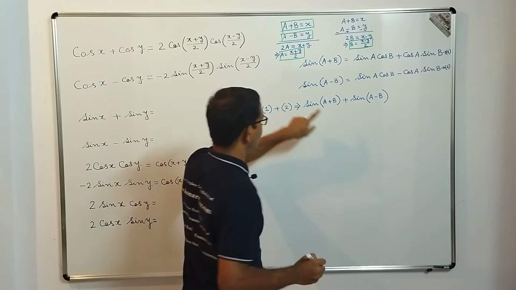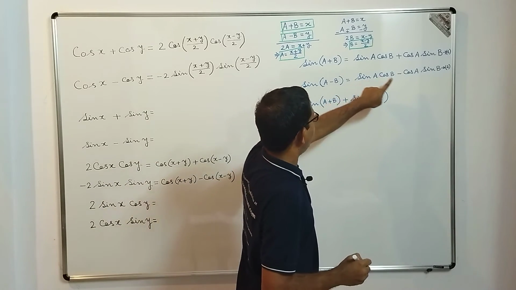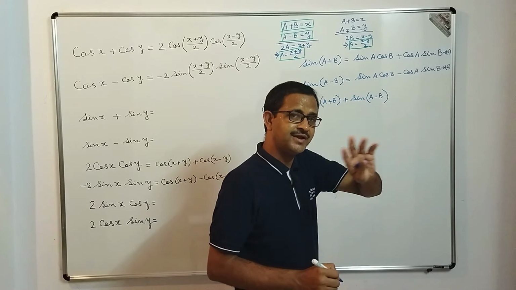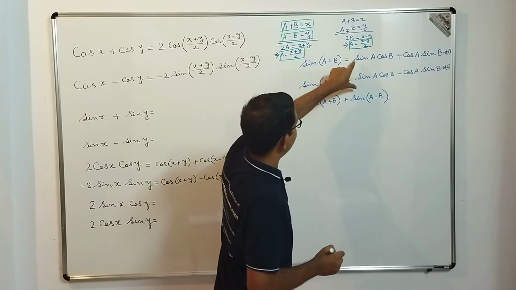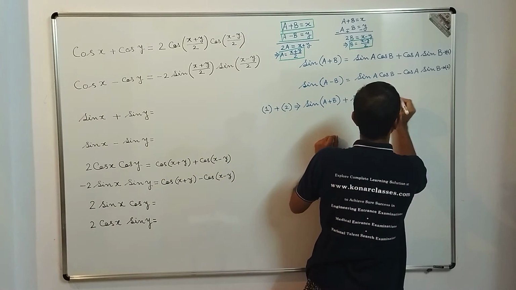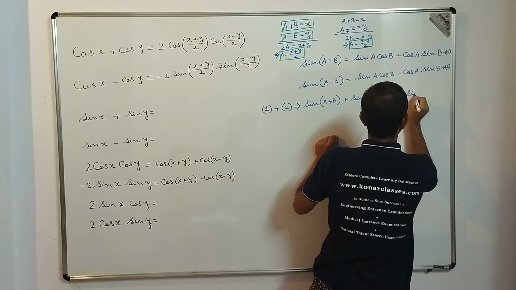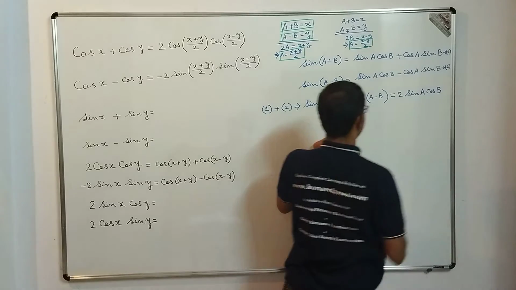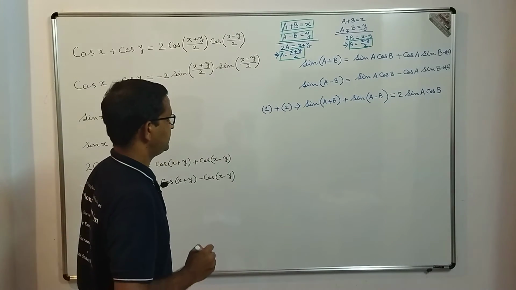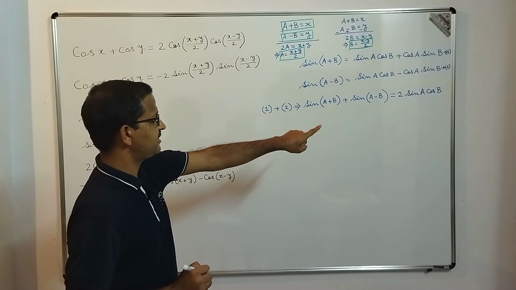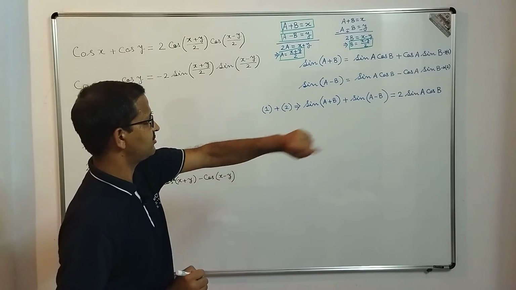And on the right hand side, since we are adding, cos a sin b and minus cos a sin b will get cancelled. So we are left with sin a cos b plus sin a cos b, that means 2 sin a cos b. So sin (a plus b) plus sin (a minus b) is equal to 2 sin a cos b.